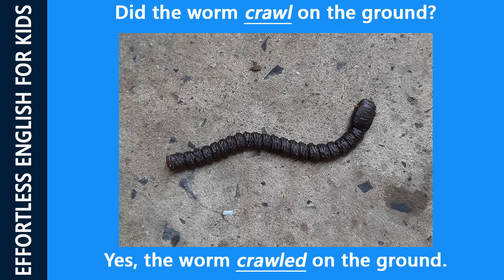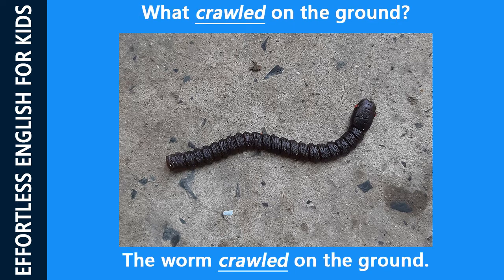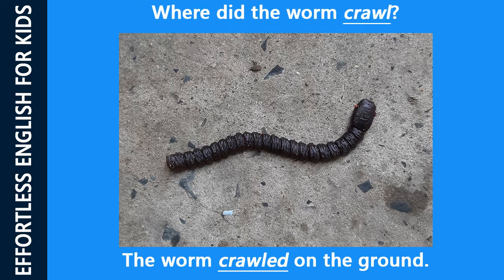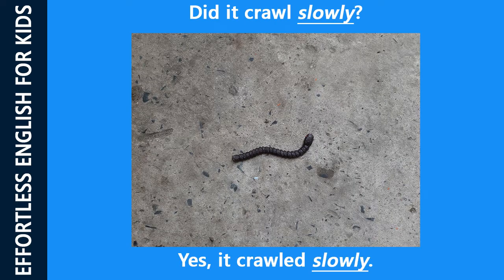Yes, the worm crawled on the ground. What crawled on the ground? The worm crawled on the ground. Where did the worm crawl? The worm crawled on the ground. Did it crawl slowly?